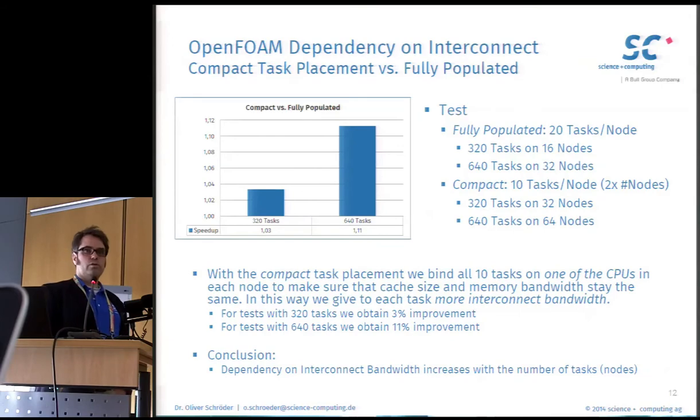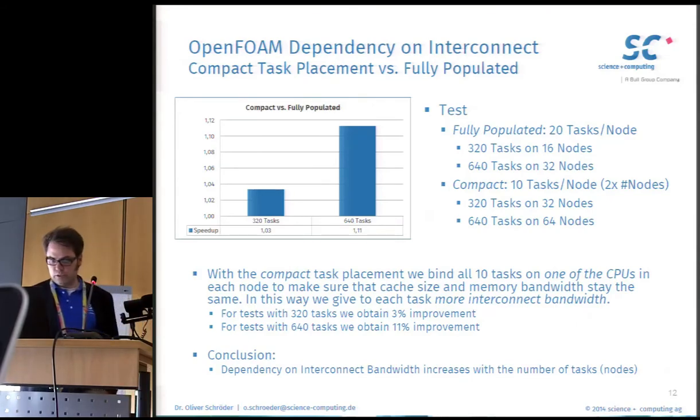You also have a bit more overhead because now you have some communication that needs to go over InfiniBand that went over shared memory before. So these are 2 effects that are opposing each other, but you can see the increased interconnect bandwidth gives us this 11% improvement in runtime.